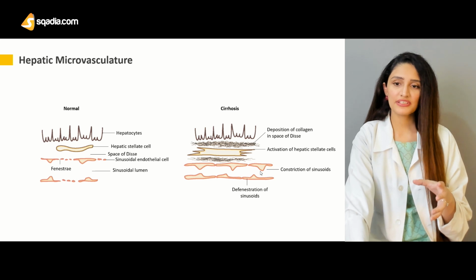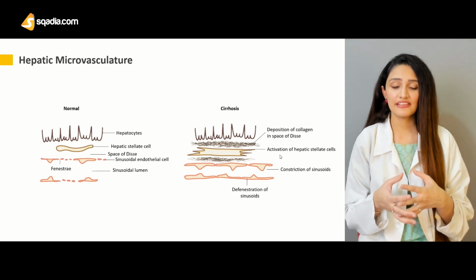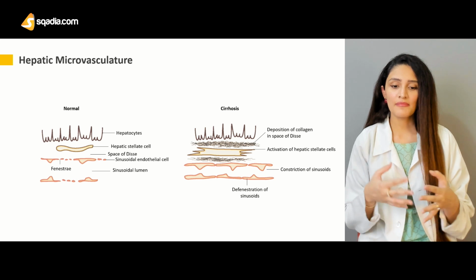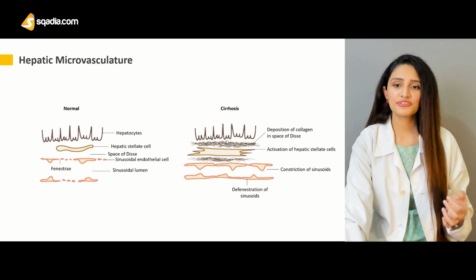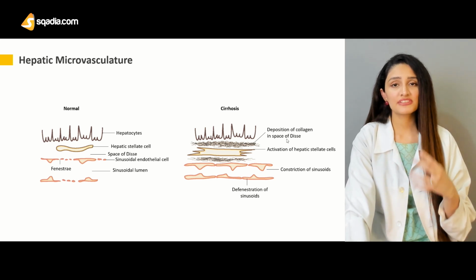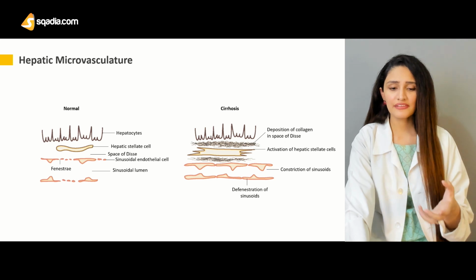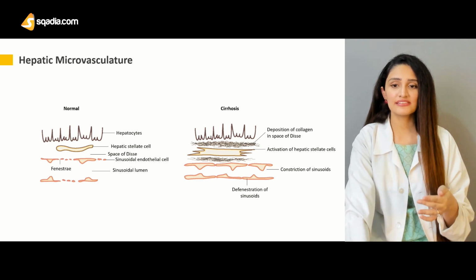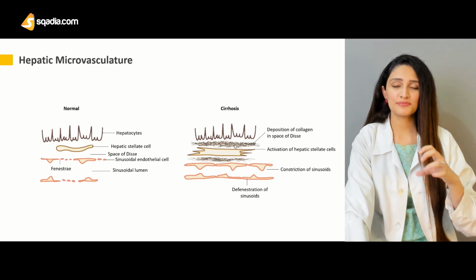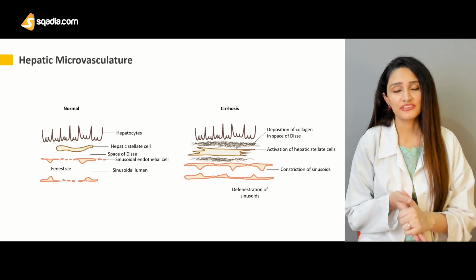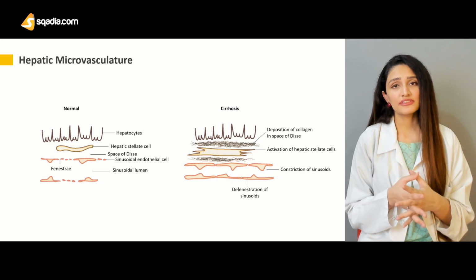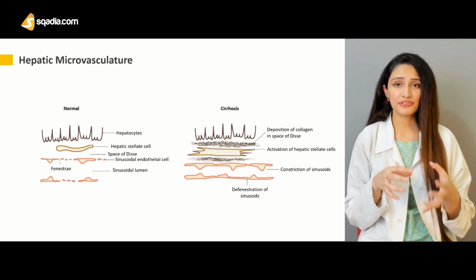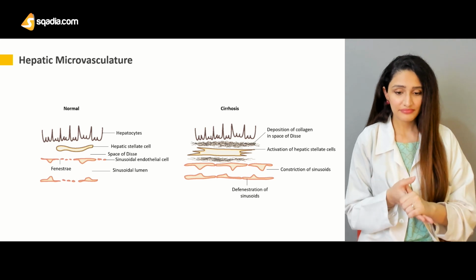After the constrictions, the hepatic stellate cells get activated, with the deposition of collagen. As you can see, within the space of Disse, which was a unique space between the endothelial cells, collagen starts to form between these spaces, and ultimately fibrosis occurs. So this is what really happens within cirrhosis of the liver at a very microvasculature level.